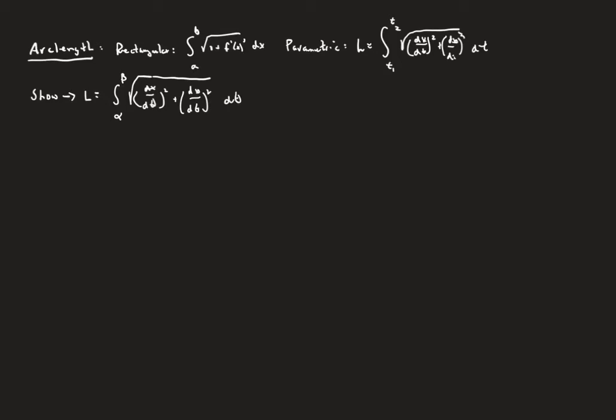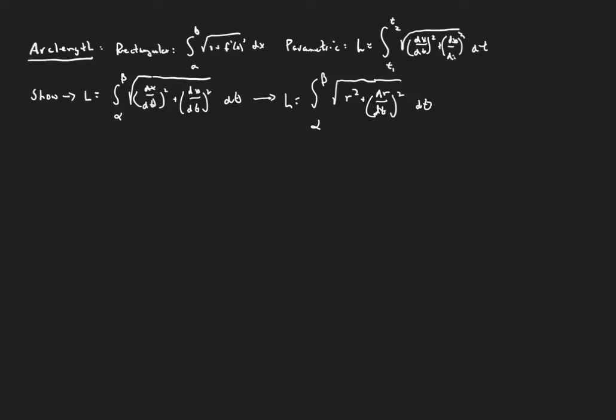So we're going to change our parameter, and then hopefully we can get to our final formula, which is from alpha to beta, the square root of r squared plus (dr/d theta) squared, d theta. So let's see if we can do that.